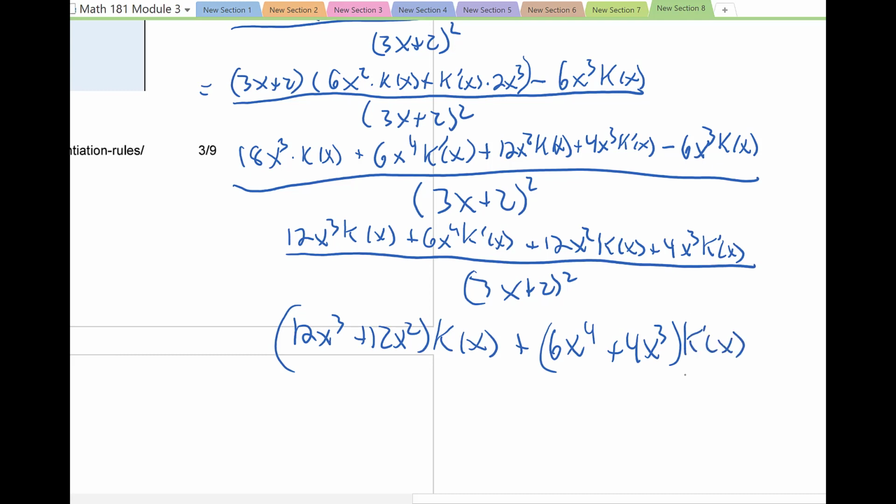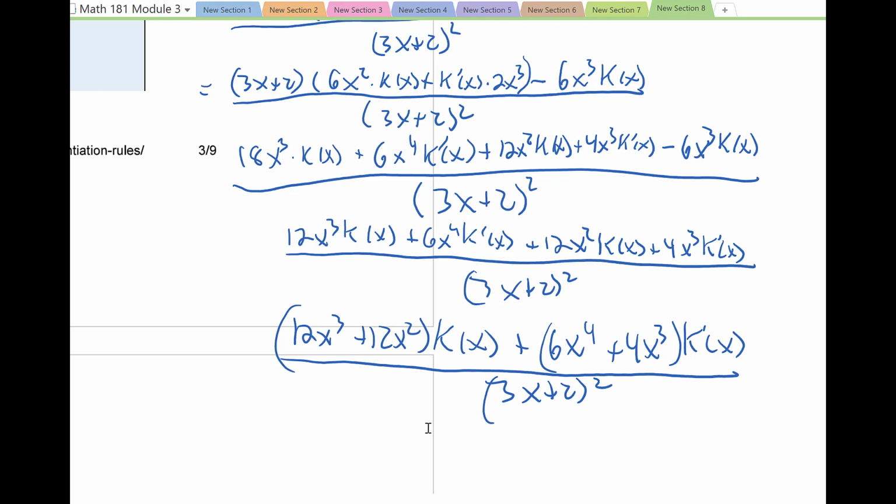Could do that, I guess. All over (3x + 2) squared. I was looking, we could pull a 12x squared out of the first grouping and a 2x cubed out, but we don't end up with the same thing inside, so we'll just leave it there. Okay, that was fun.